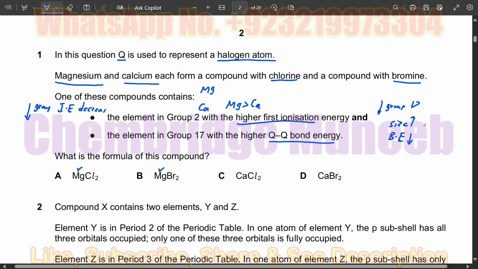Size increase is an inverse relation. When size increases, the overlapping of the atoms becomes less, and that's why bond energy becomes less.